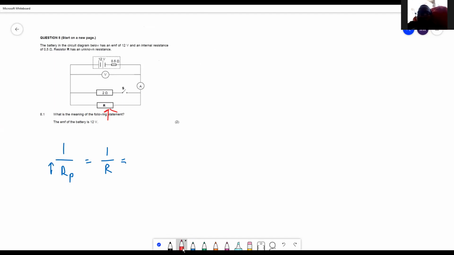Okay. Then just on a side note, the other way that you could have argued that question is if you use this formula. We know that this EMF value always stays constant. That can't change.